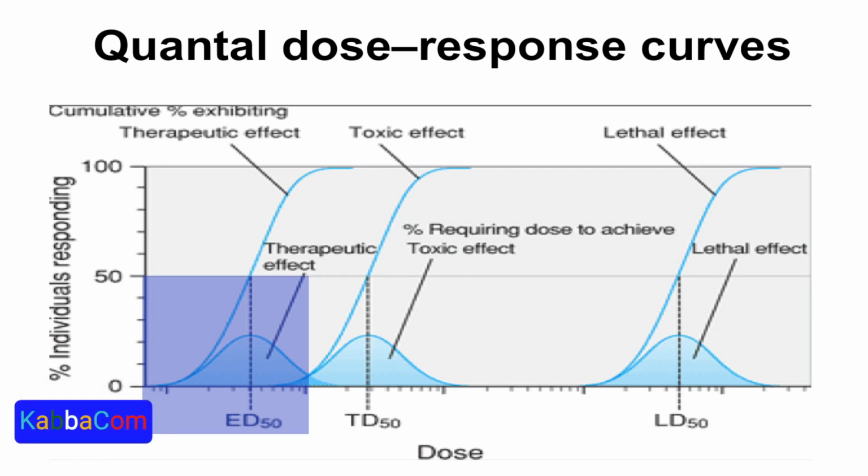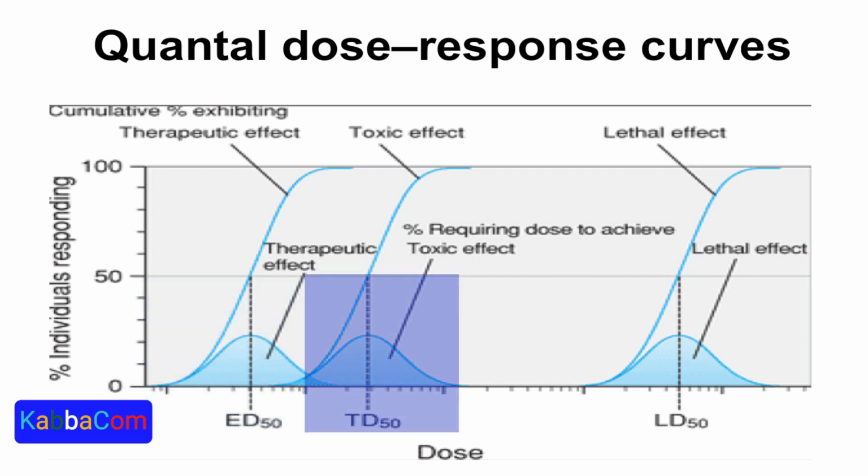Now, as you increase the dose, it tends to become toxic. If you still remember what we said last time, if you increase the amount beyond what is supposed to be given, then the dose becomes toxic. As you draw that sigmoid curve, you see it tends to produce the toxic effect.